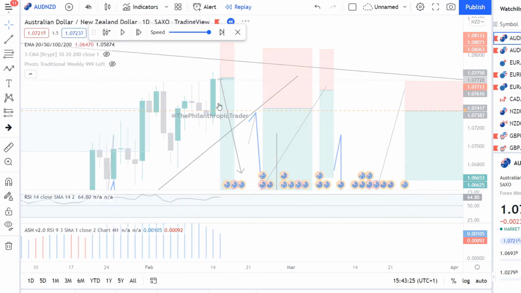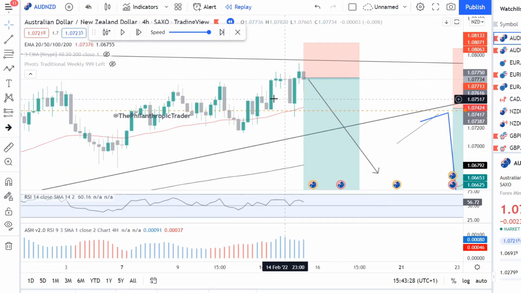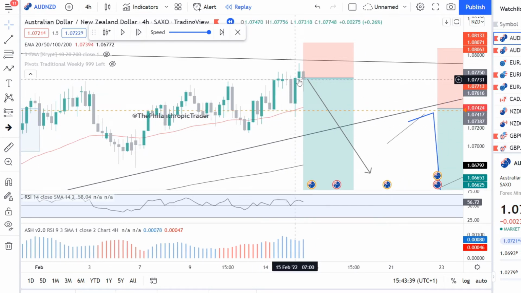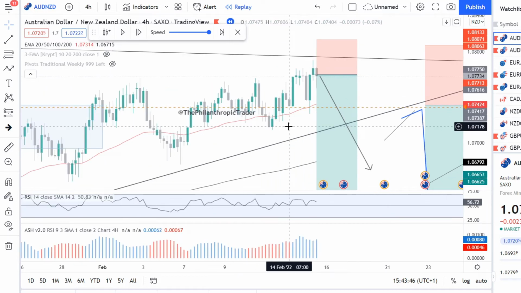Traders did not know what would happen, and of course it could also break this trend line and go to the upside. But I waited a little bit, and normally I would not have taken this trade because I'm more of a conservative trader.